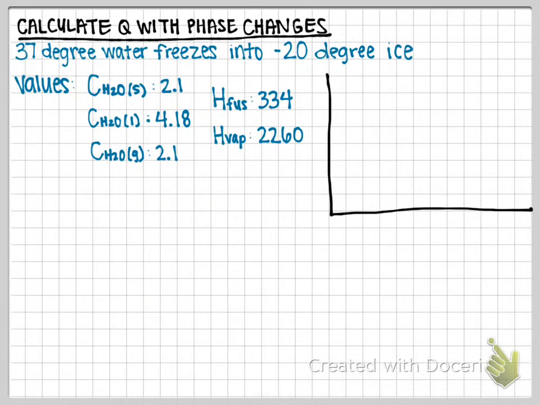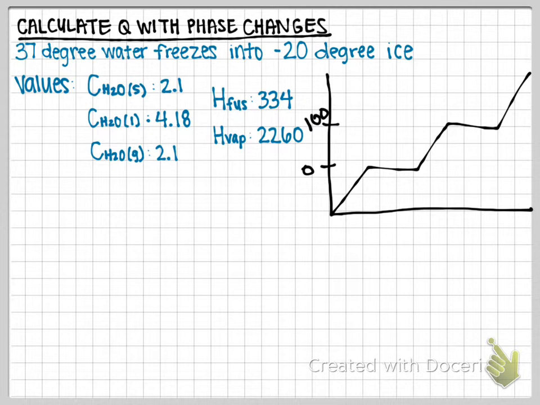The last part is when you have to calculate your Q when it goes through phase changes, and so you have this example: 37-degree water freezes into negative 20-degree ice. So first thing is to draw a quick phase heating curve. And we'll label this 100 and this part 0. So you are going from 37-degree water, so that would be in your liquid phase.